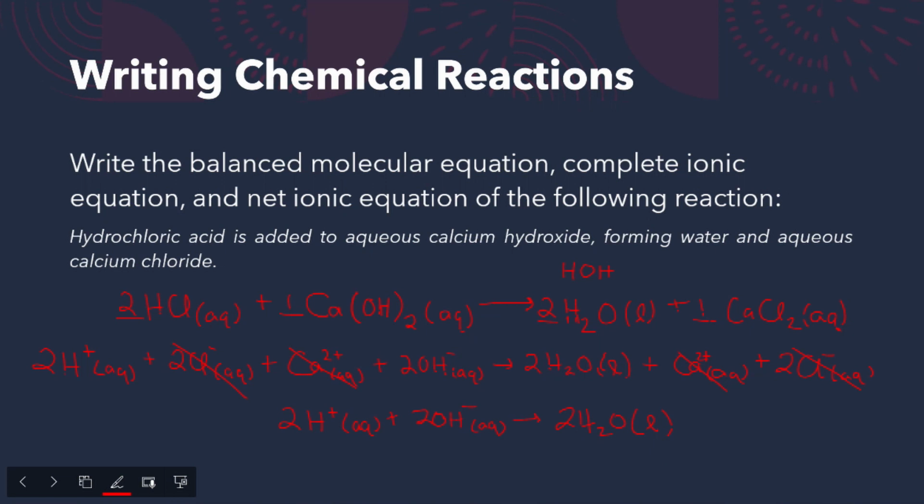Now this is technically correct, but what would be even more correct is if we got rid of these coefficients, which are all 2, and we simplified it to become H+ aqueous plus OH- aqueous going to H2O in liquid state.